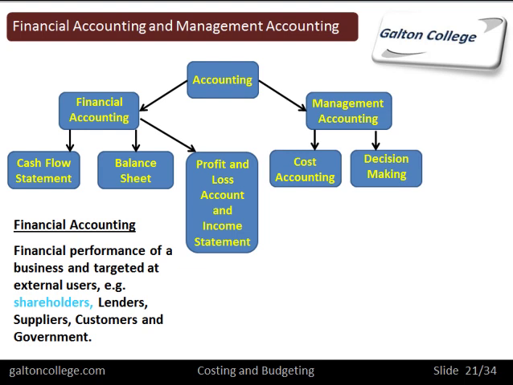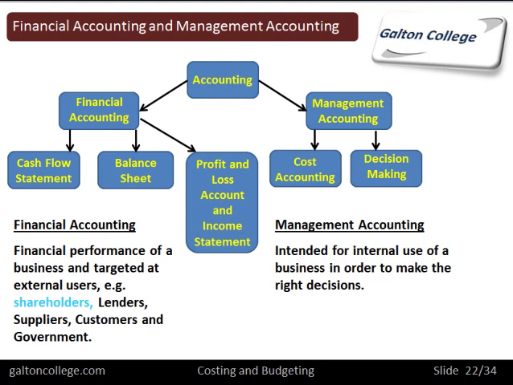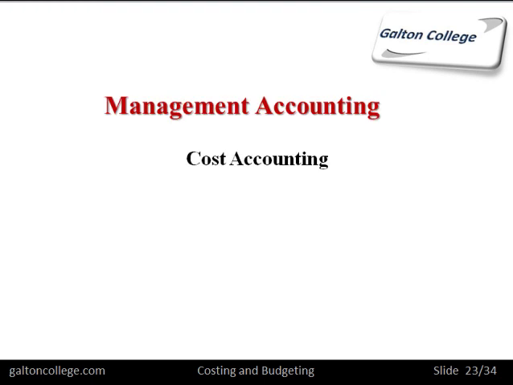And it analyses those costs and this enables management to make decisions based on facts from inside the organisation. Management accounting, well, it's intended for internal use of a business in order to make the right decisions. So it's internal. Now let's look at cost accounting, management accounting.